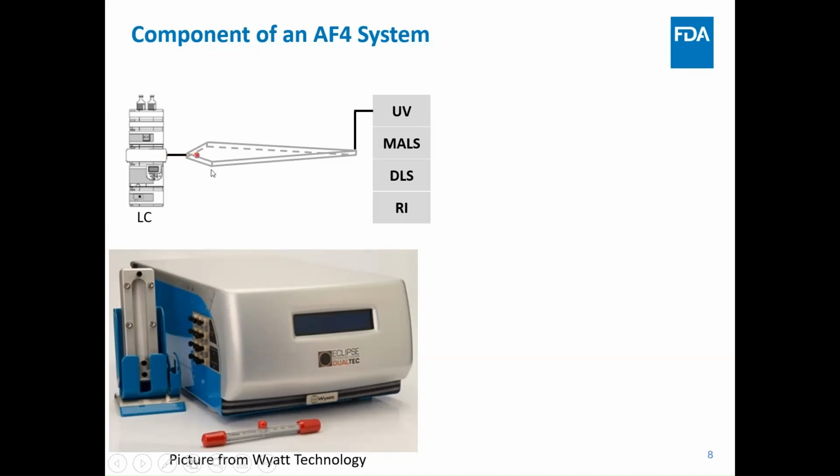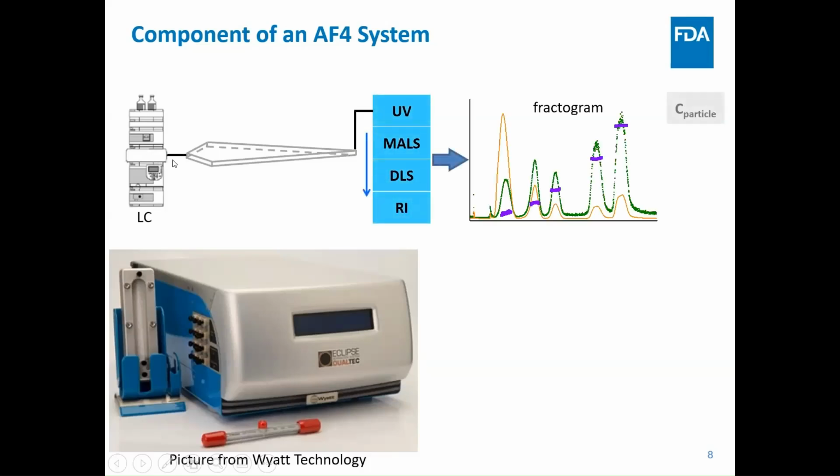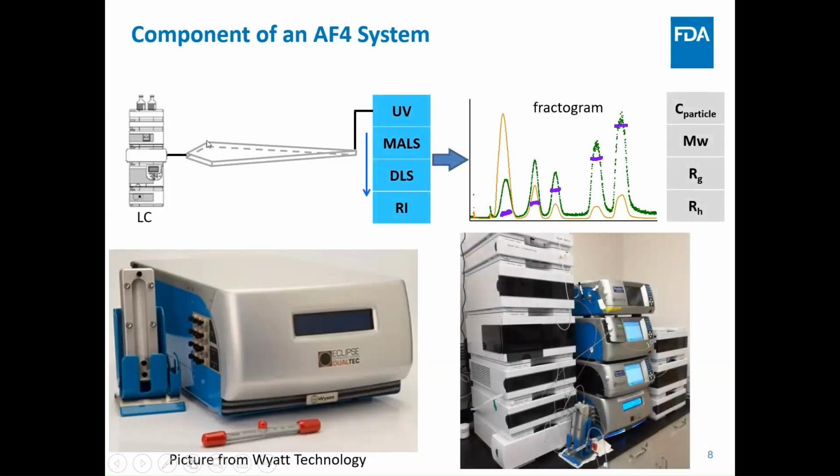The LC is responsible for injecting the sample into the separation channel, and the sample is separated there, and then it passes through a series of online detectors where you can get information on different aspects of the samples. The bottom right is a picture of our system at DPQR.